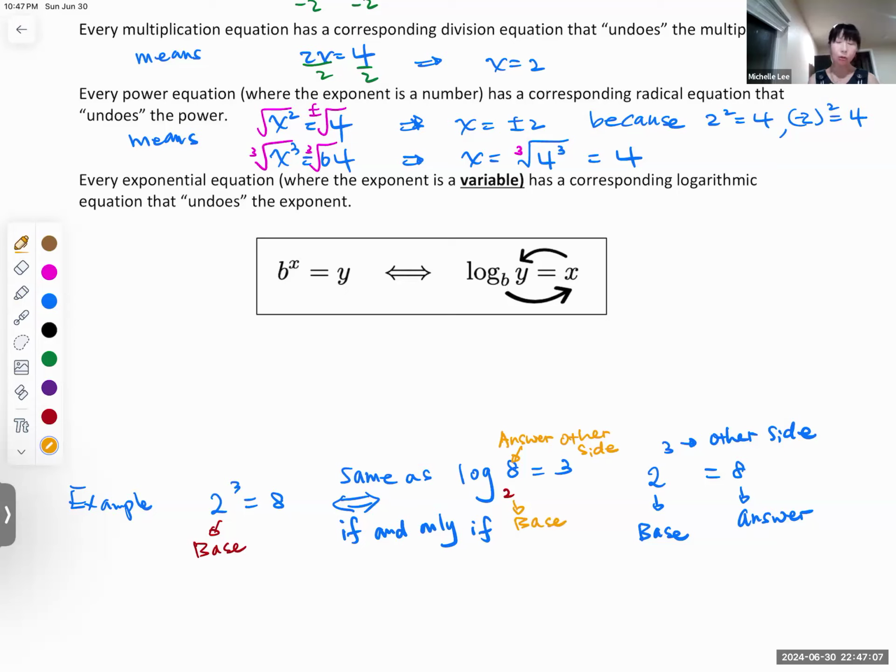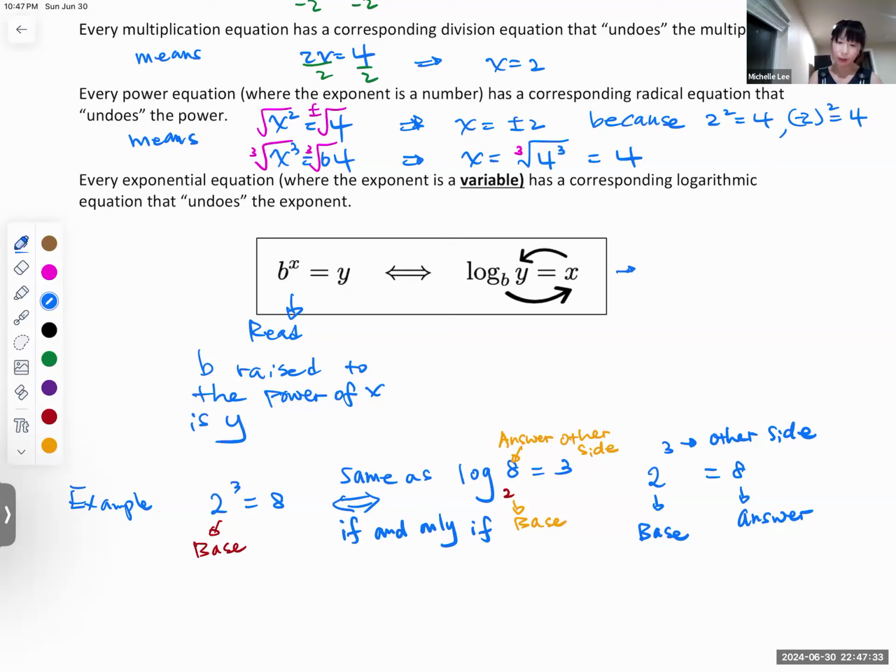All right. So how do you read this one? This one we read as b raised to the power of x is y.